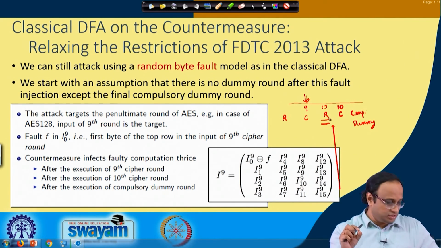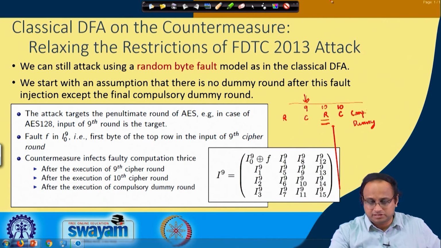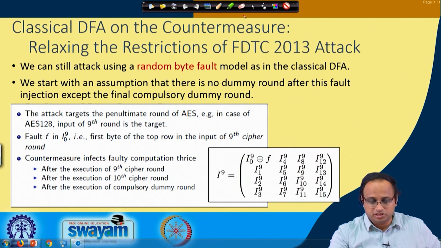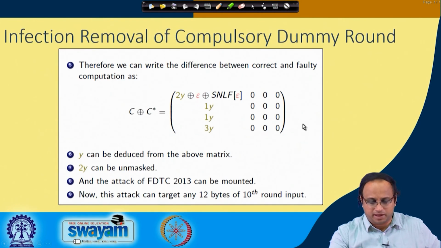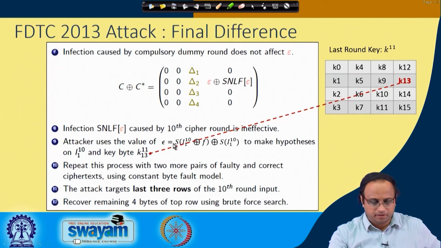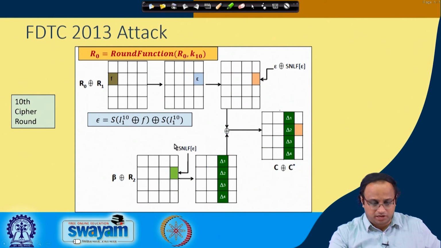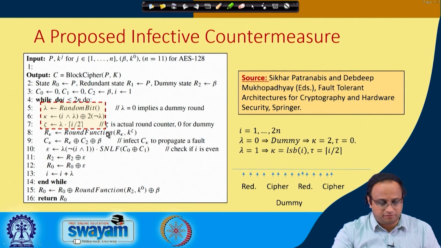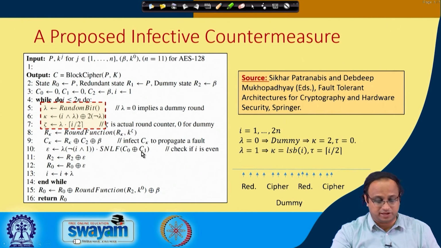This I believe can be easily observed if you go back and see the algorithm. In the previous case, if we walk back a few steps and take a look at the original algorithm, this becomes quite clear. If you observe this algorithm, the infection, that means the computation of the error epsilon, which is SNLF of C0 XORed with C1, only happens if i is even.